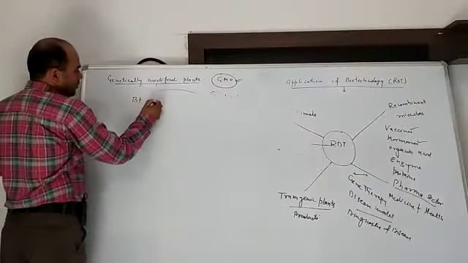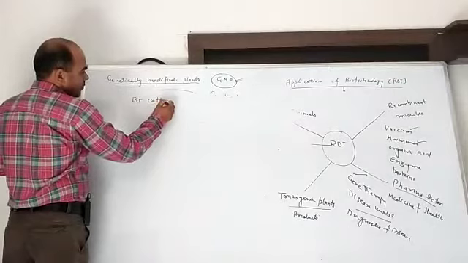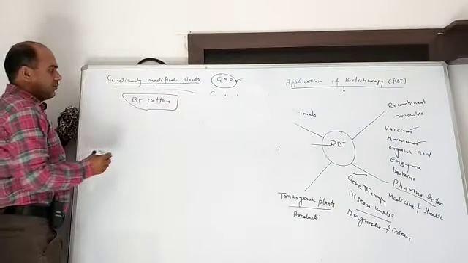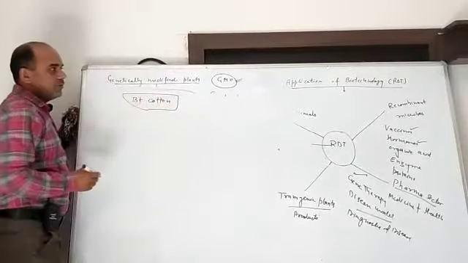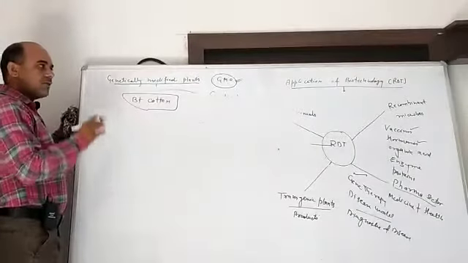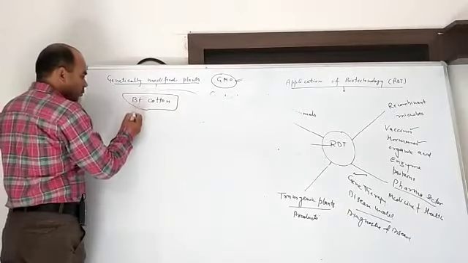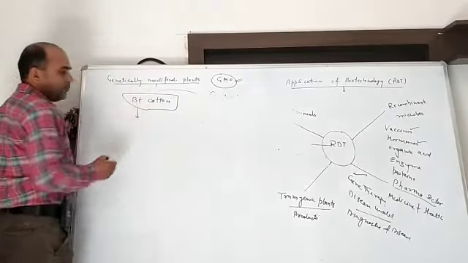Bt cotton. Here the word is Bt cotton. It is not biotechnology, the shortcut of biotechnology, which is also called BT. But here it represents another thing. This word is taken from a bacterium.